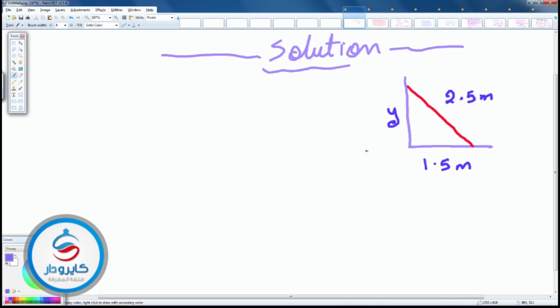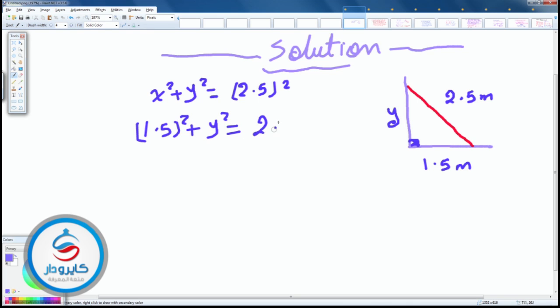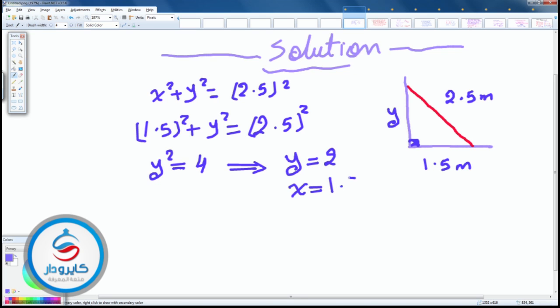As we know, by using Pythagoras, because this is 90 degrees, x squared plus y squared equals 2.5 squared. Here x is 1.5, so 1.5 squared plus y squared equals 2.5 squared, so y squared equals 4, then y equals 2. Don't forget that x equals 1.5.